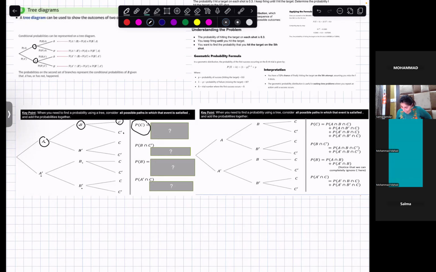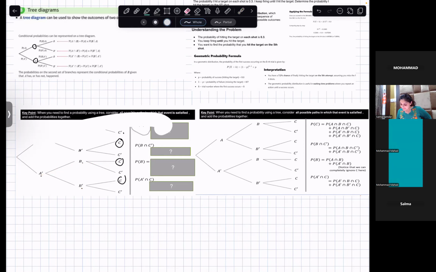One of them would be probability of A intersection B intersection C, plus A, B, not C, plus A not B not C, A not B C, and then A not B not C. Mahad, are you with me?